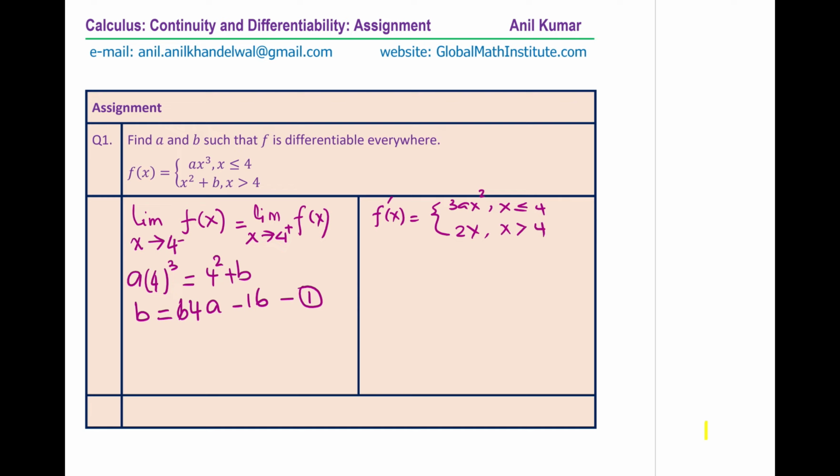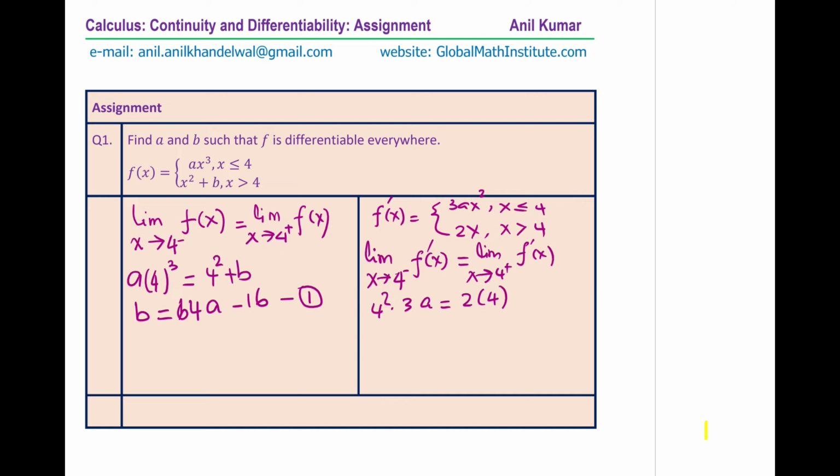So this derivative limit should be the same, correct? We'll now equate the limit when x approaches 4 from the left side of the derivative of f of x to the limit when x approaches 4 from the right hand side for the derivative of the function. Substituting 4 here, we get 4 squared times 3a should be equal to 2 times 4.